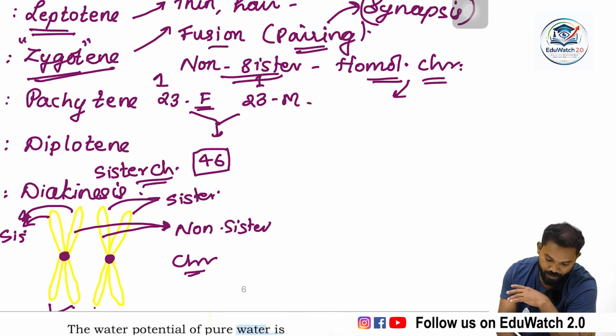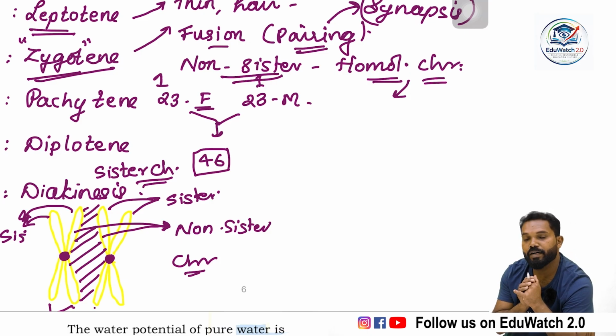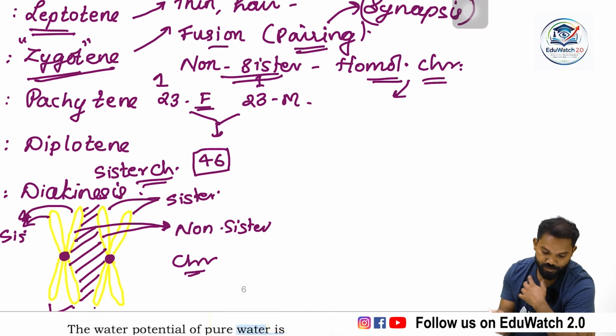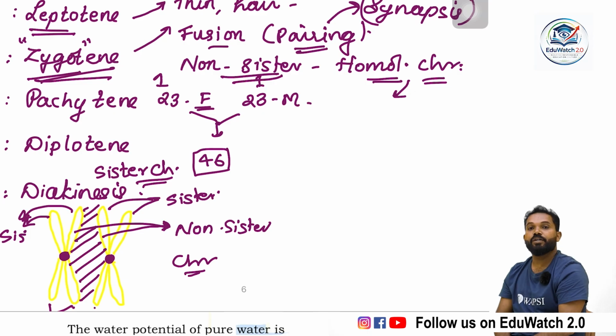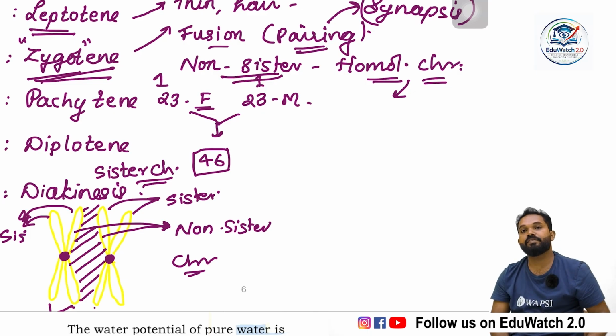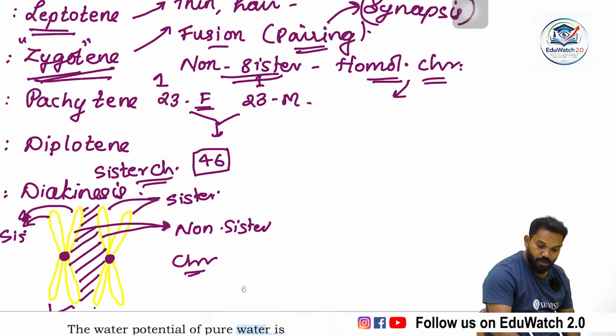After the pairing, these two chromosomes are paired with each other and are known as a bivalent or synapsed chromosome. So what are the characteristics of zygotene? Synapsis or pairing. The next stage is pachytene.